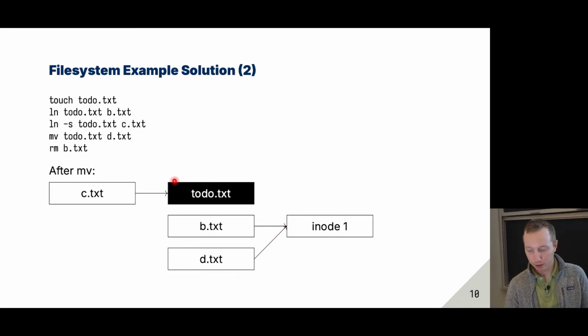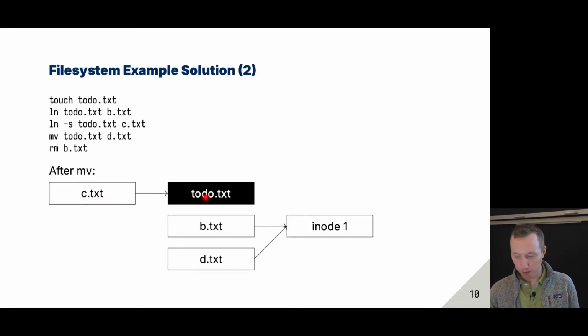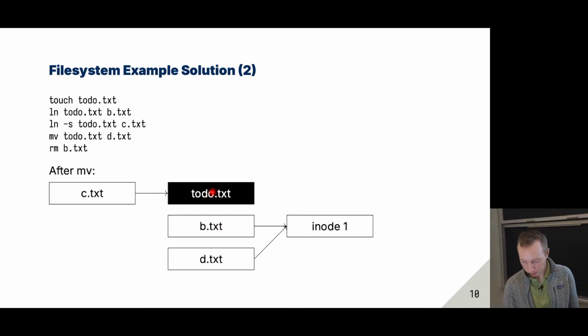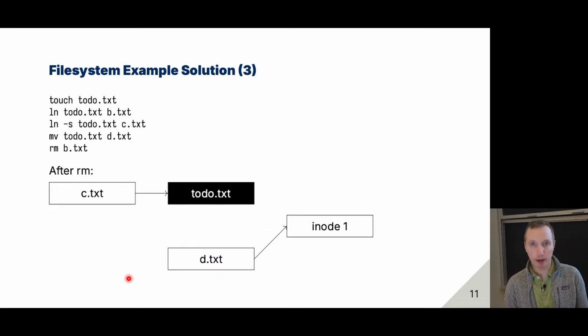And to show that todo.txt now no longer exists, c.txt points to todo.txt, which is currently not in the directory, so I put a dark background on it. And then if I do rm b.txt, that just gets rid of the b.txt entry. There's still something pointing to that inode. So any questions about that?